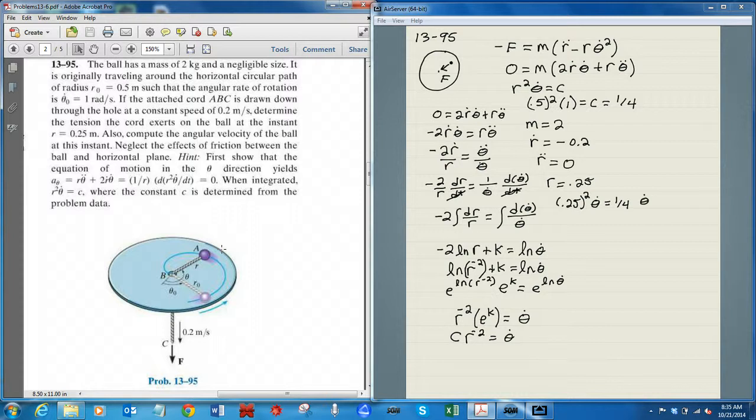Okay, so then we'll take these values and plug into the formula for the force, and we'll find that minus F equals the mass, which is 2, times r double dot, which is 0, minus r, which is 0.25, times theta dot squared.